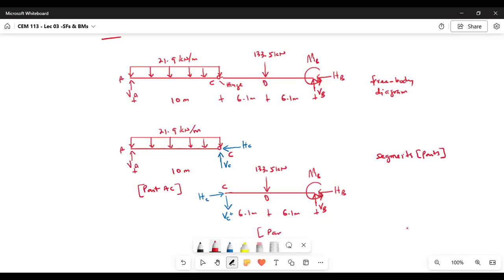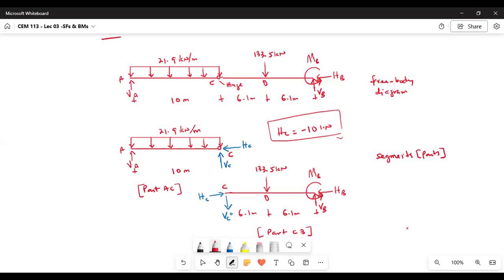Part C, B. So let's say that if I calculated this part AC and I got reaction HC to be equal to -10 kilonewton. When you are doing substitution, don't go and substitute +10. Just substitute the exact value. Is that right? And substitute the exact value.